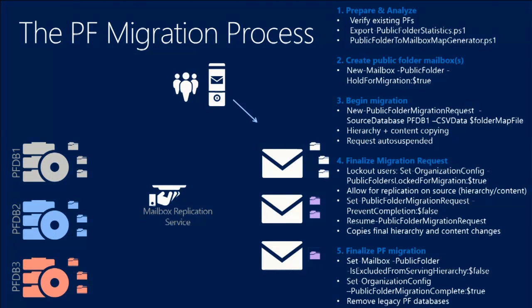I'll show you that in a minute. And finally, you configure your Exchange 2010 or 2007 with the public folder migration complete commandlet or attribute to make sure that message delivery works.